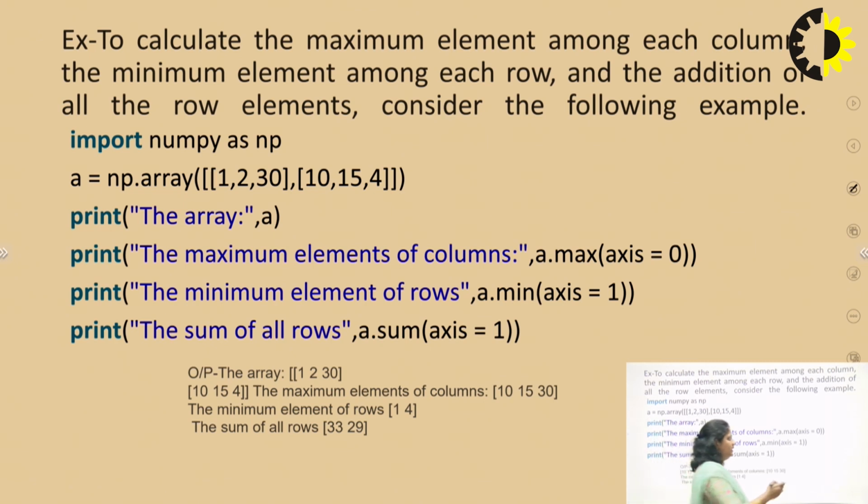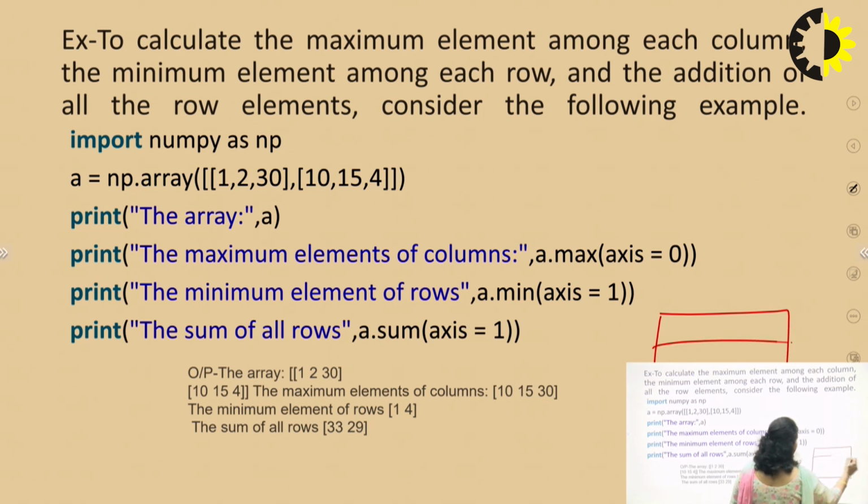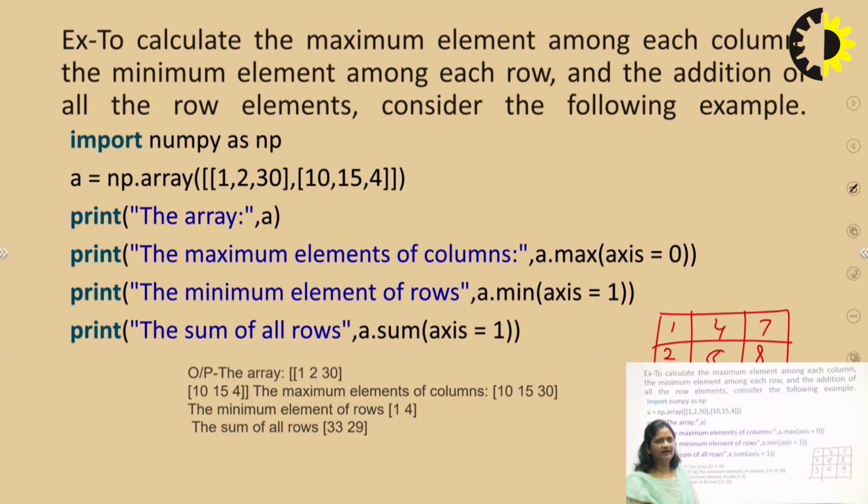So what exactly do we have to do in this program? First we understand. To calculate the maximum element among each column, suppose we have elements in the array like this.